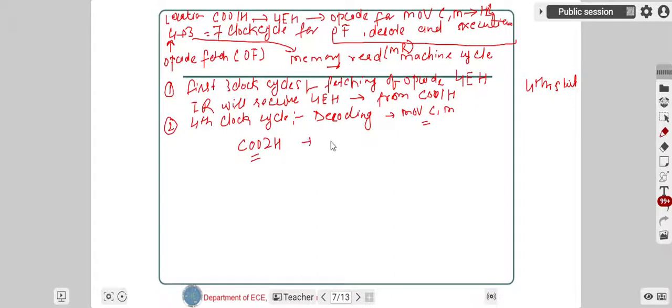C002H will not be sent out from the program counter at this point.